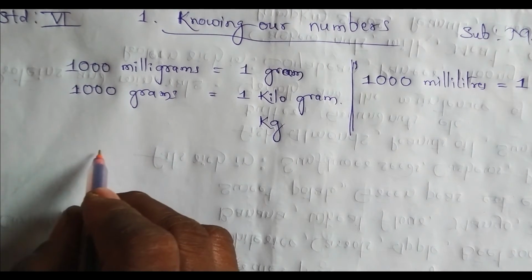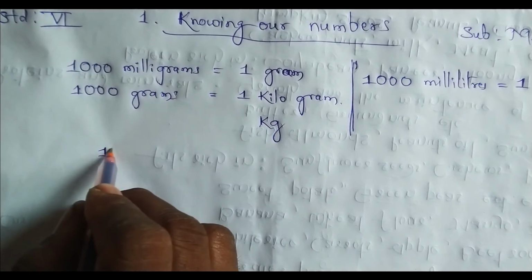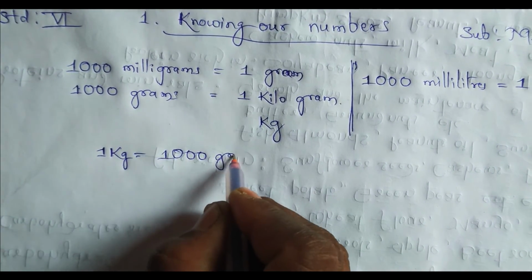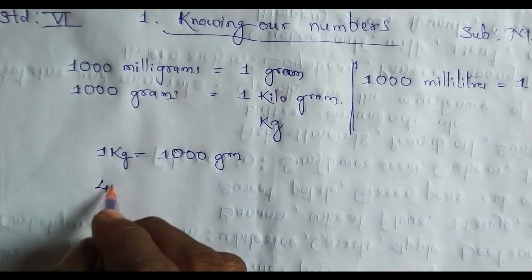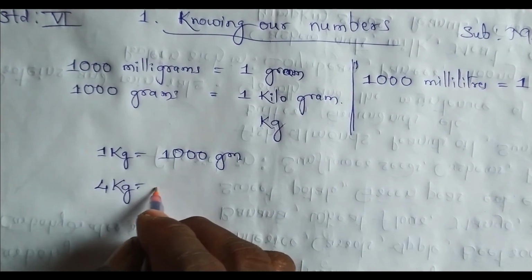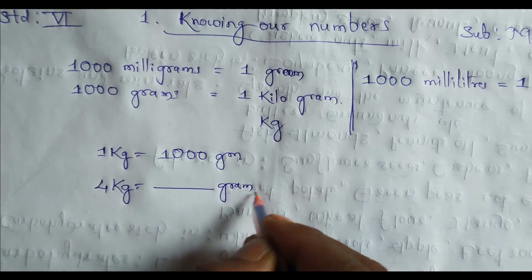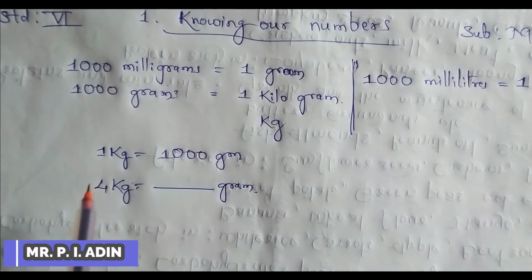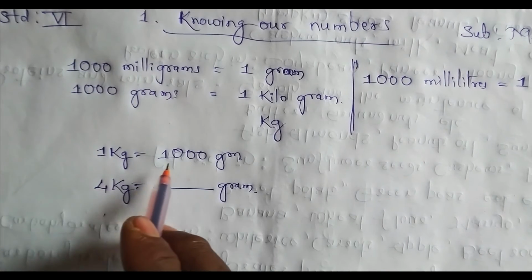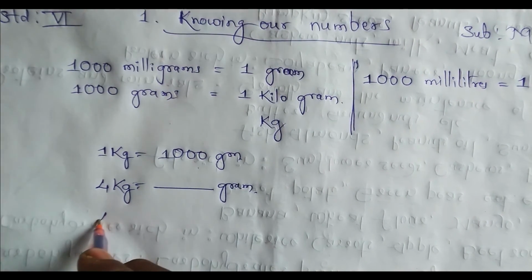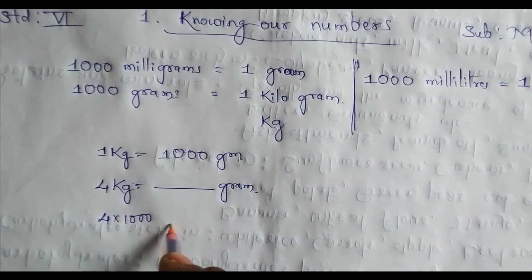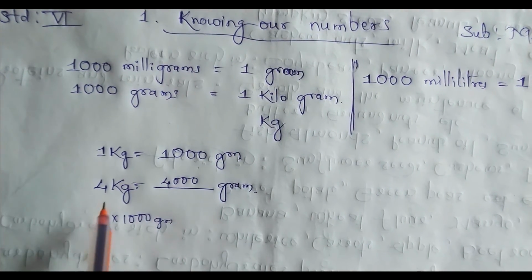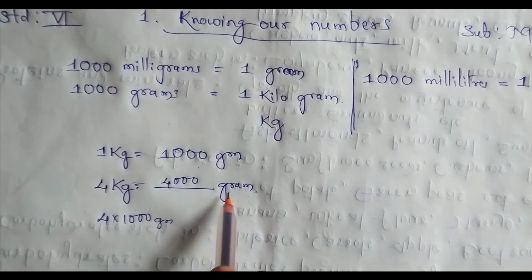So 1 kilogram is equal to 1000 grams. If I ask 4 kg is equal to how many grams, you have to calculate. 1 kg is equal to 1000 grams, you know. So 4 into 1000 is equal to 4000. Means in 4 kg, 4000 grams are there.